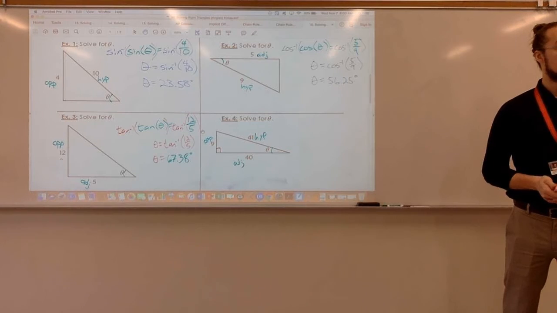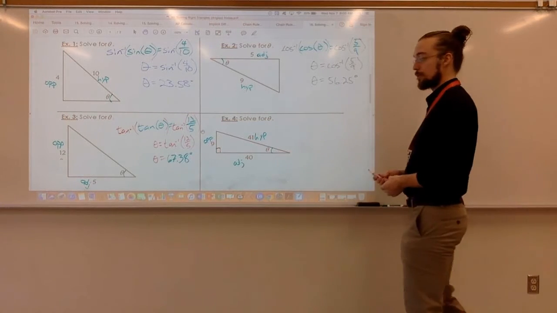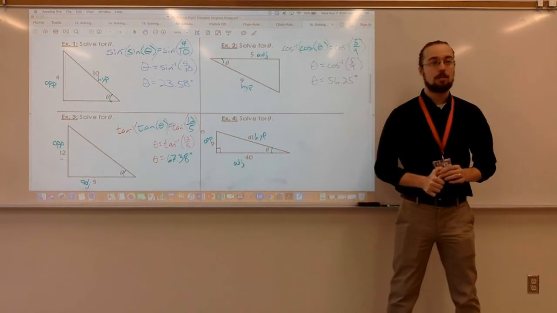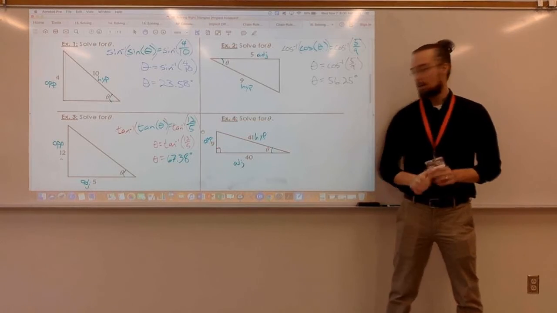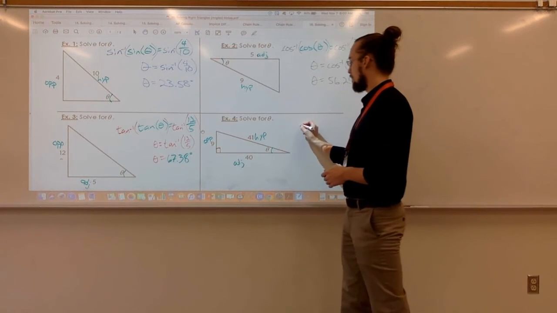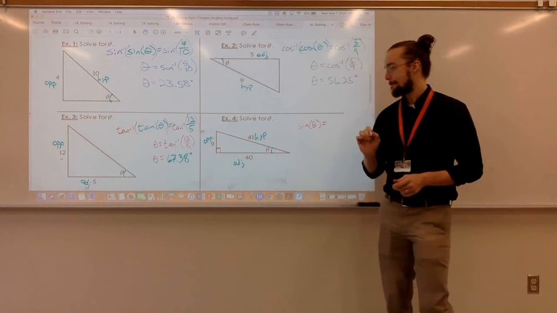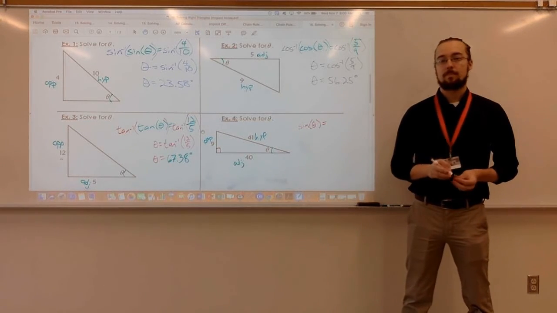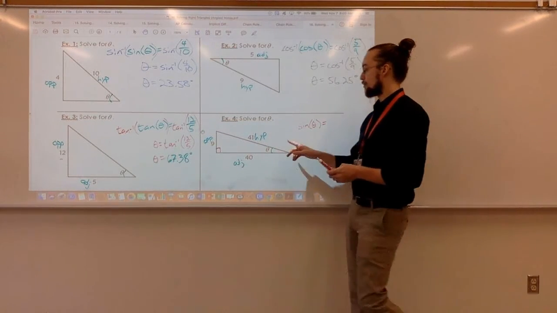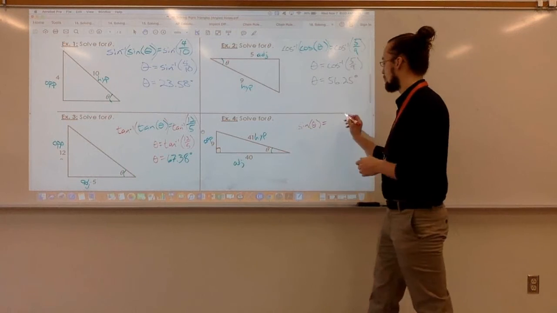Any of them, right? We have all three sides, so it doesn't matter which one I use. Which one do you want to try? Alright, let's do sine. So if I use sine, theta will equal what? 9 over 41, opposite over hypotenuse.